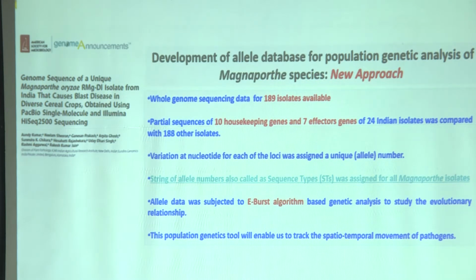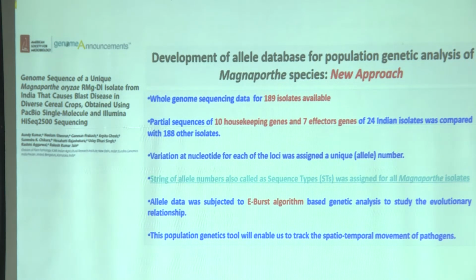We generated the whole genome sequence data. All right. Now, when we analyzed the database, we could find around 189 isolates which are already whole genome sequenced. You understand? So, you have a population already.